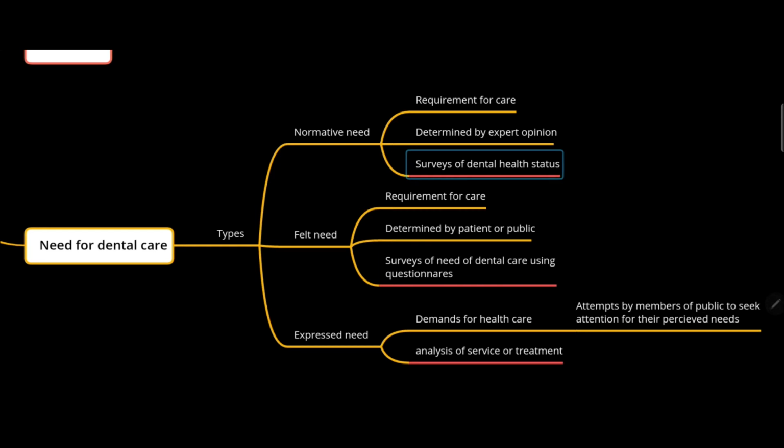Okay, next, if you want to estimate the felt need, then you will have to take surveys of need for dental care using questionnaires, because at this point the patient knows that he needs care. Okay, and if you want to estimate need in the case of an expressed need, you can take an analysis of service or treatment records. So, you can take an analysis of all the records or the services that the people have availed, and that is how you can basically estimate the need of that population.